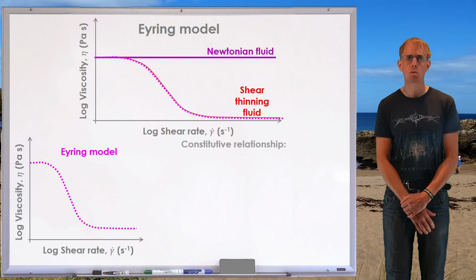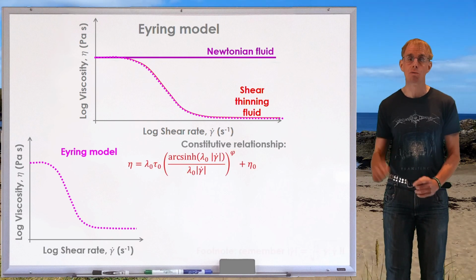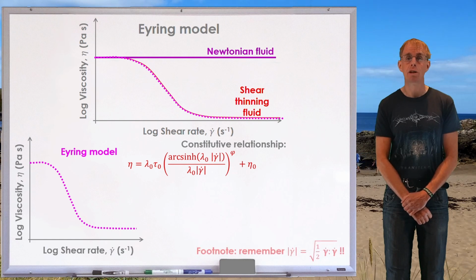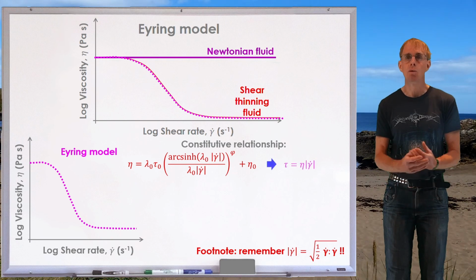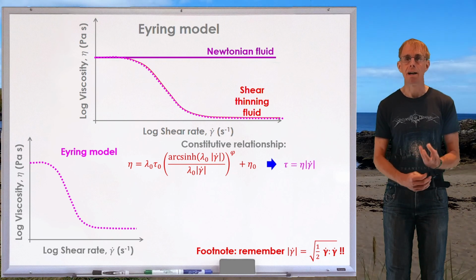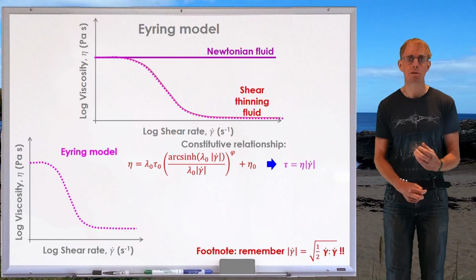It has a slightly more complex constitutive relationship that I put there on the whiteboard for you. It involves inverse hyperbolic trigonometric functions, but that's easy to compute. And again, that will give us a value of eta, our varying viscosity, as a function of shear rate.